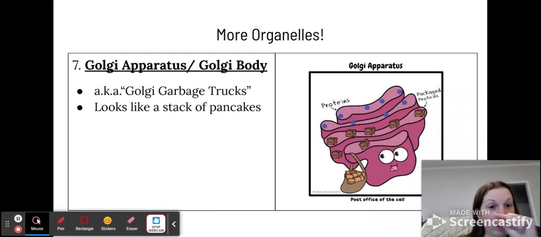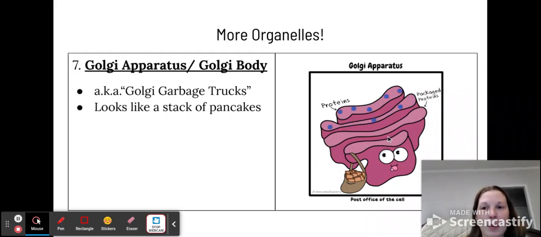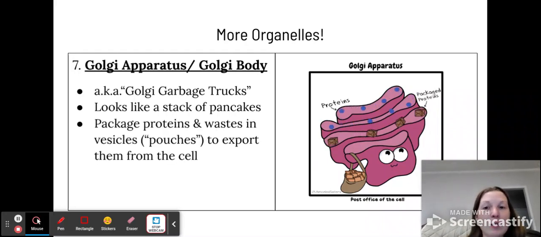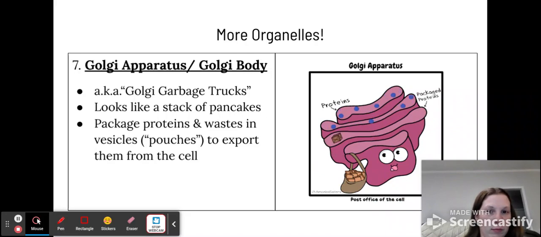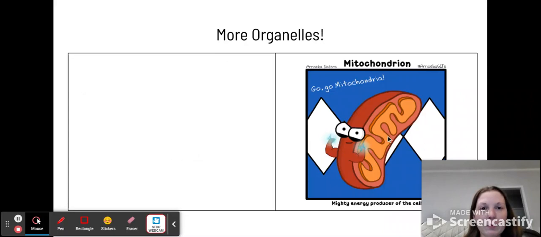They are actually different layers, but they are kept together in the cytoplasm. And these package proteins and wastes in vesicles, which are little pouches for proteins and waste, and they export them from the cell. So the Golgi body is the post office, right? It's got to mail those things out of the cell.